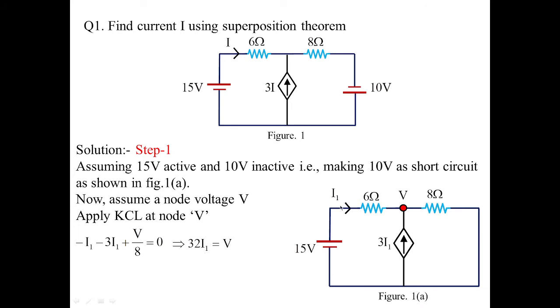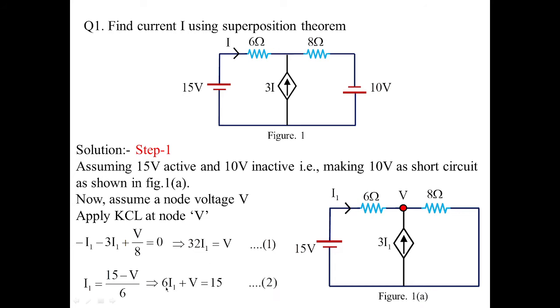Either you shift I1 in terms of V or V in terms of I1. By inspection you can see I1 is flowing from 15 volts towards point V. So I1 can be taken as the difference of these two voltages divided by the resistance. So I1 is (15 minus V) divided by 6, and you can substitute this value over here to get one complete result.